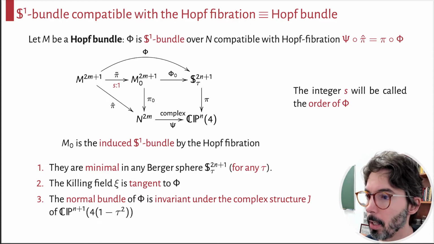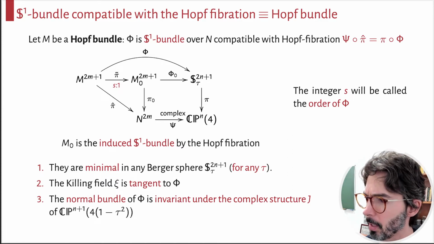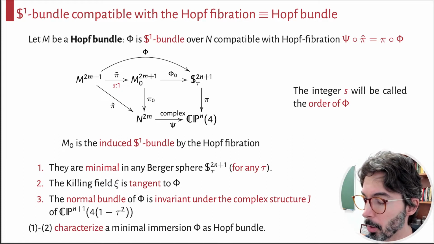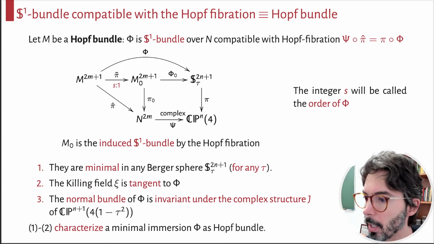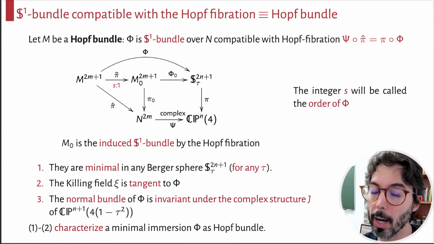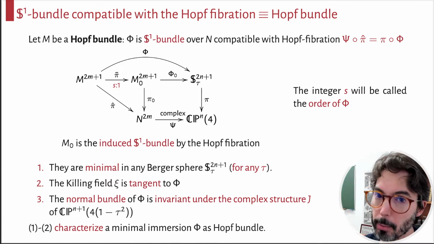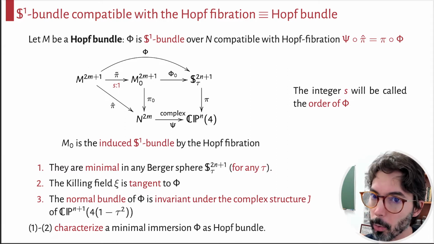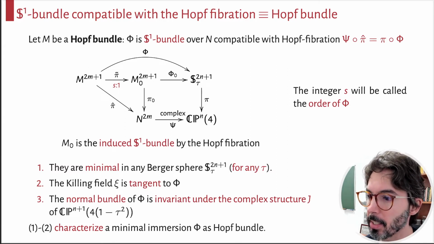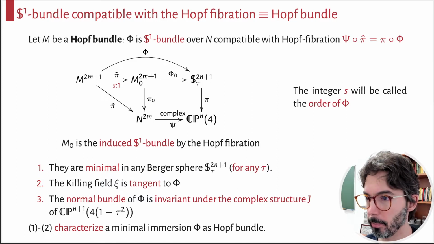Remember that we can put our Berger sphere in the complex projective space as a distance sphere. And what will be important later in the talk is that properties 1 and 2 characterize a minimal immersion as a Hopf bundle. Okay, so whenever we've got an immersion which is minimal for any tau and for which psi is tangent, then it has to be one of these Hopf bundles.